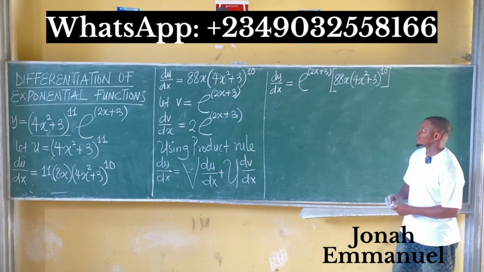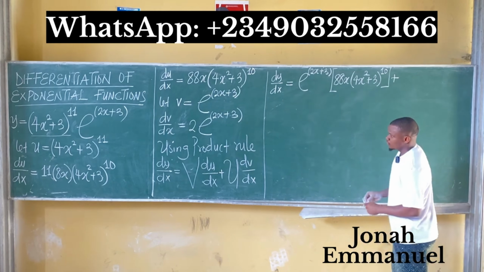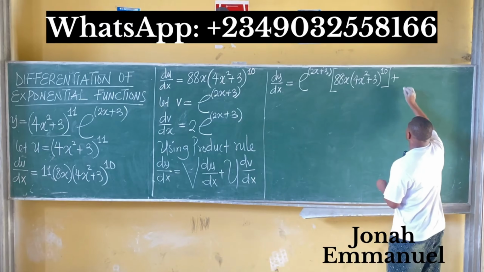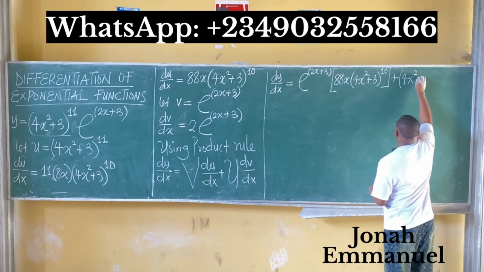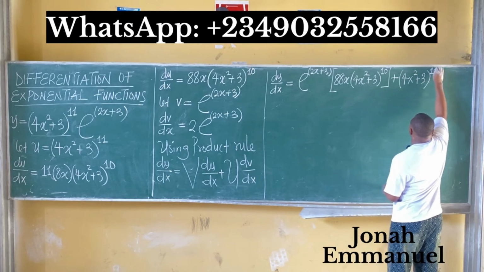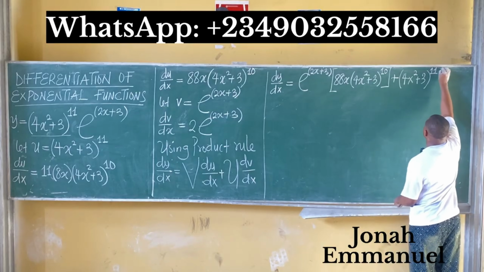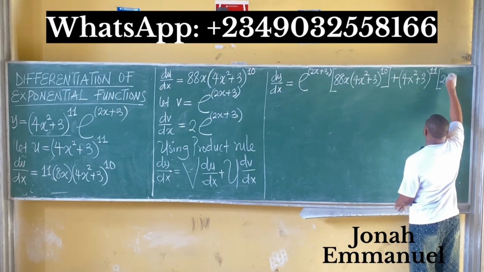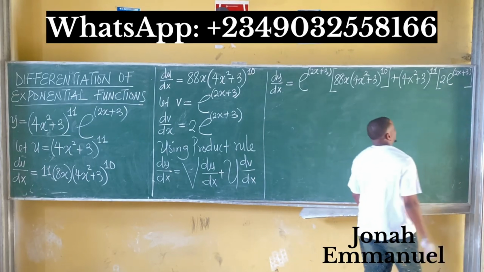Whenever you're having two round brackets, this is now v du dx plus what's u? u is 4x squared plus 3 to the power what there? So this is u. Give me dv dx. What's dv dx? 2 exponential 2x plus 3. All right, so that's product rule, please.